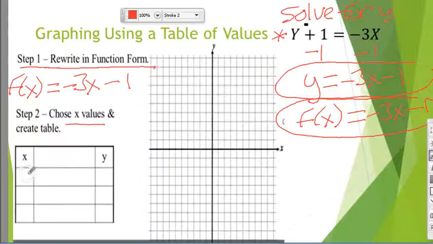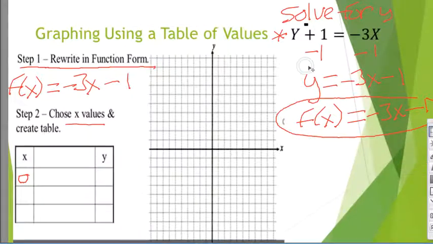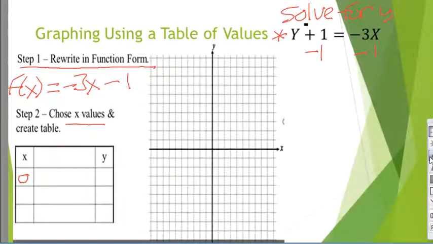I always pick 0. The reason I always pick 0 is because it always eliminates one of the terms. So if we pick 0 here, let's go ahead and clear off some space. I wish I would have left you guys a little bit more room. Hopefully you have enough room on your note guide.